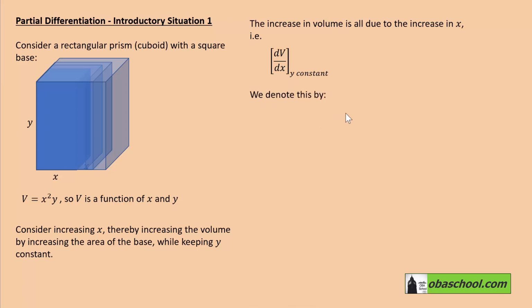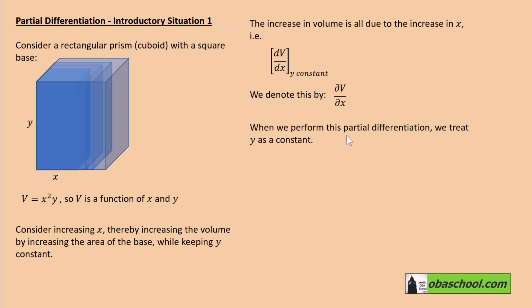We denote this by this notation. Note how the d's are written here. You'll hear various pronunciations of this if you look online, but I always just call it dV dx, but it's the curly d.